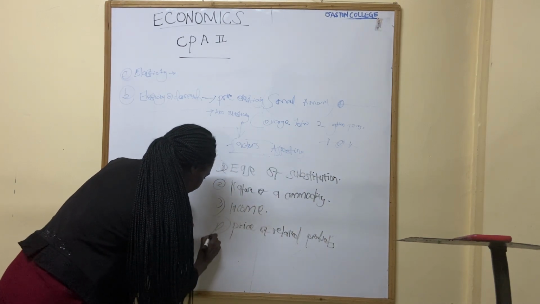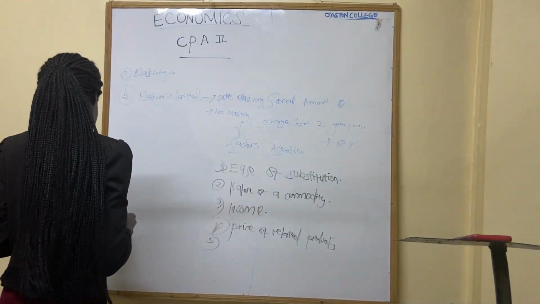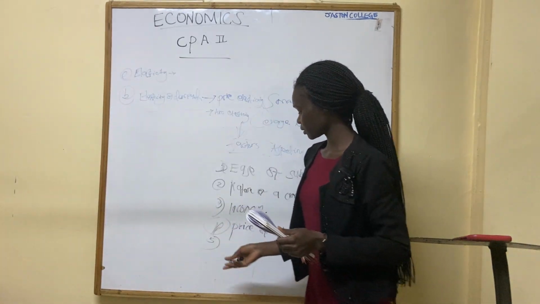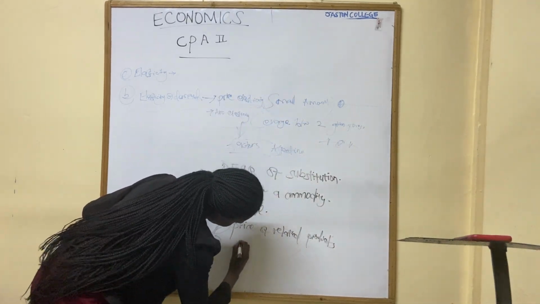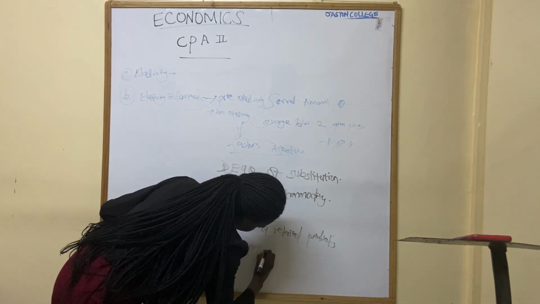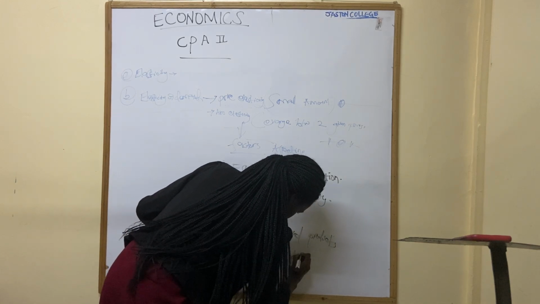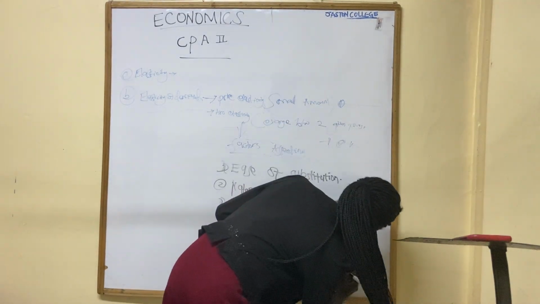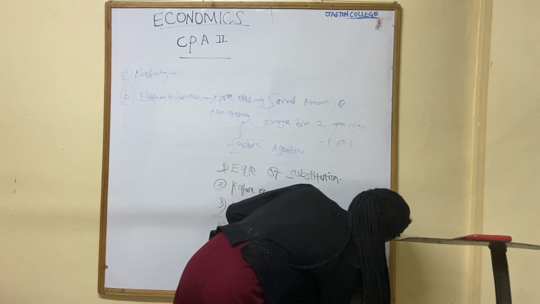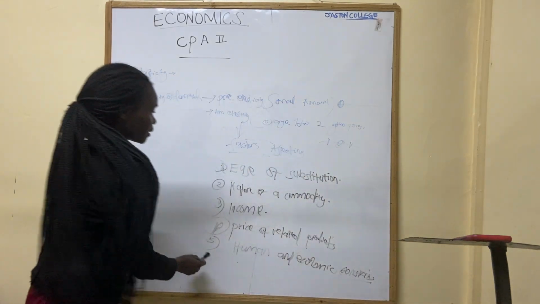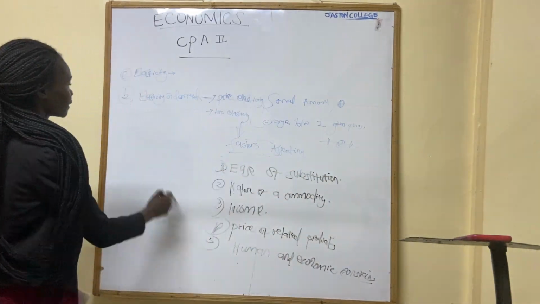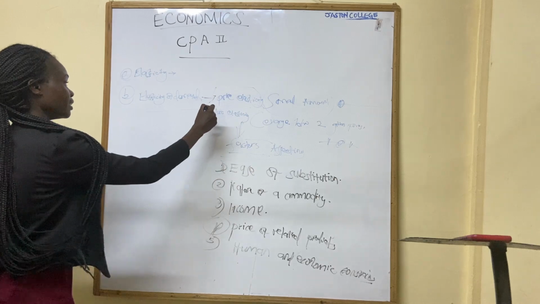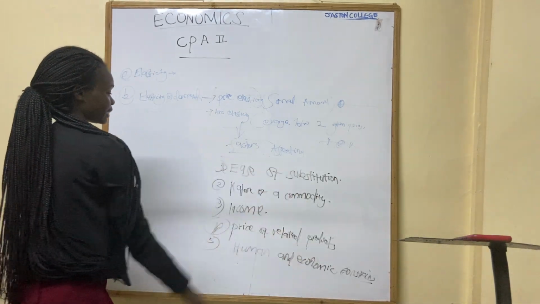And the fifth one, the last one, is the human and economic constraints. These are the factors that affect the elasticity of demand. Remember that we have the types and the factors affecting.